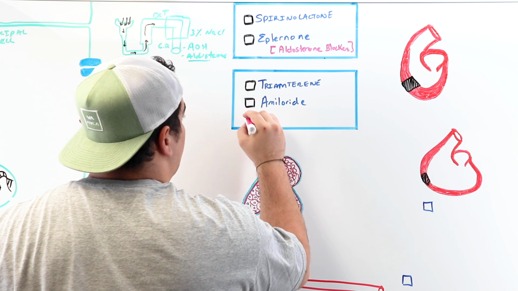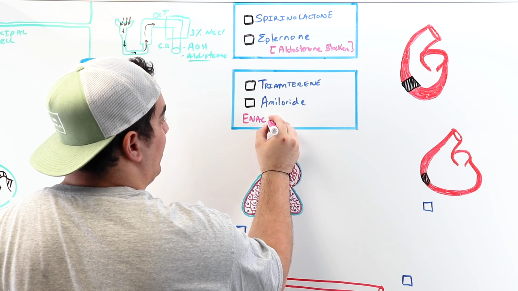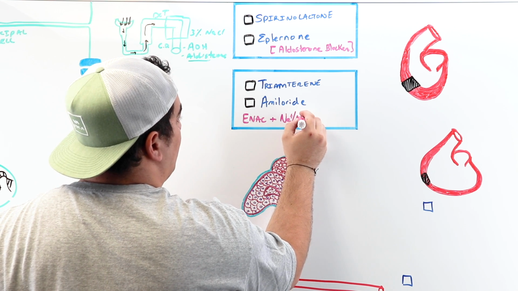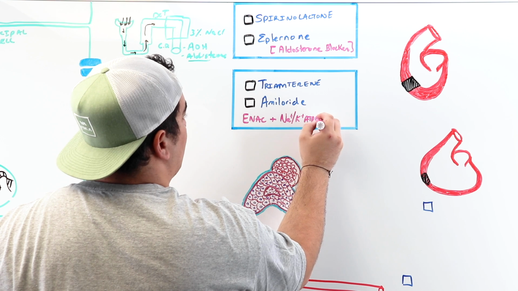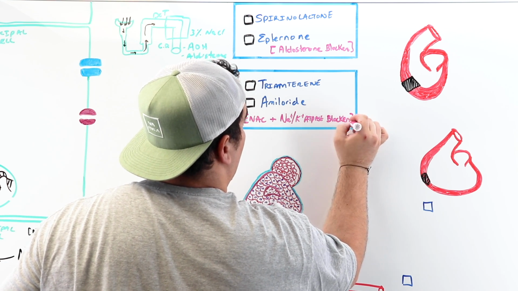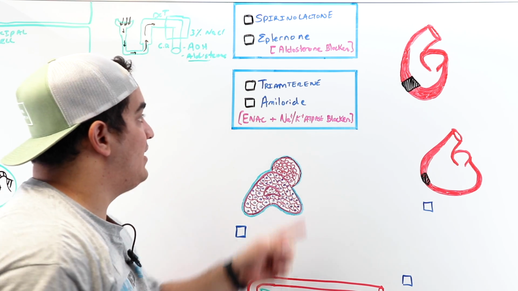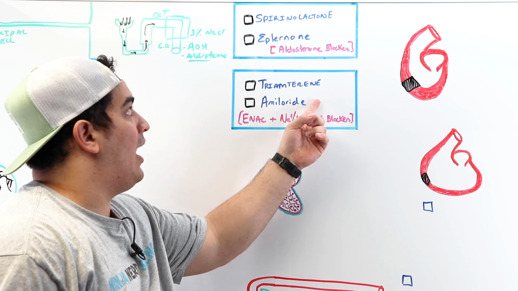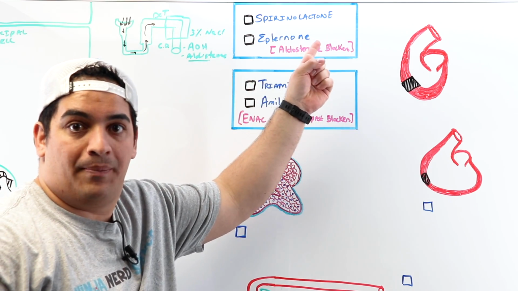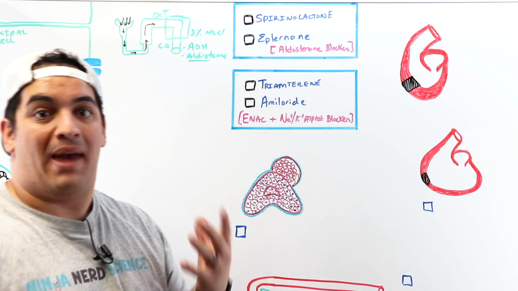These block specific transporters. They block the ENaCs, so they're ENaC, and sodium potassium ATPase blockers. So we block the ENaCs and the sodium potassium ATPases with triamterene and amiloride, and we block the aldosterone by spironolactone and eplerenone. Now, let's talk about how that will affect these individuals mechanistically.